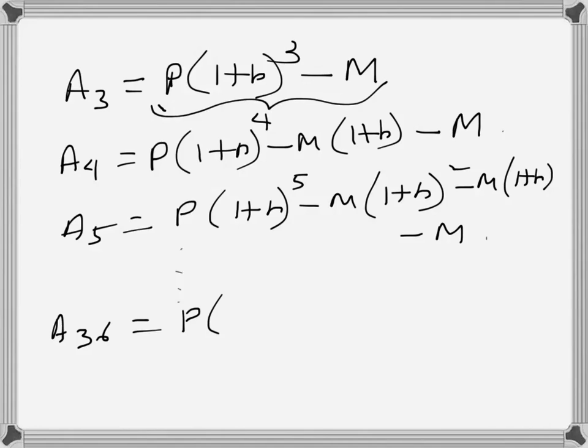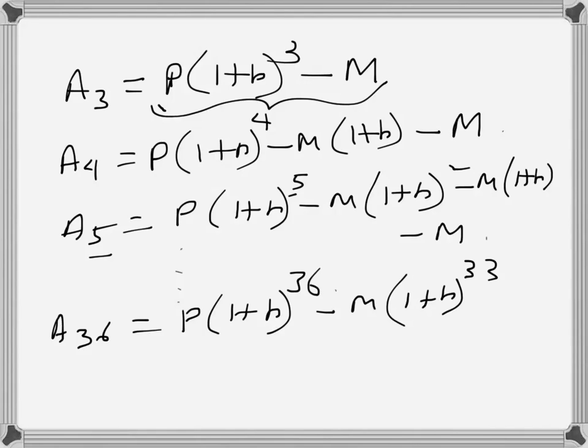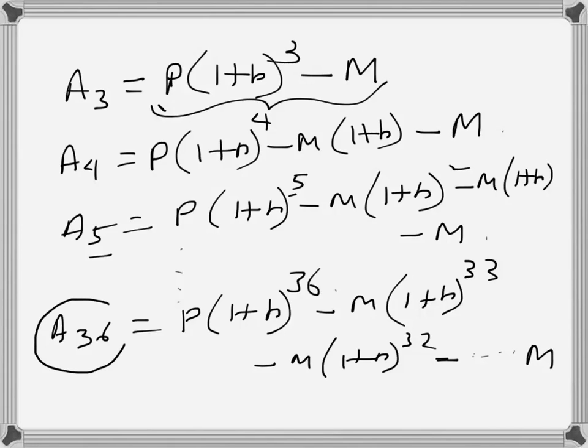So P(1 plus R) to the power 36, as 5 was 5 here, minus M. This one will be 3 less, so it will be (1 plus R) to the power 33, minus M(1 plus R) to the power 32, and this way, and then finally minus just M here, because that will be the last repayment. And this is the time when the whole loan is repaid.